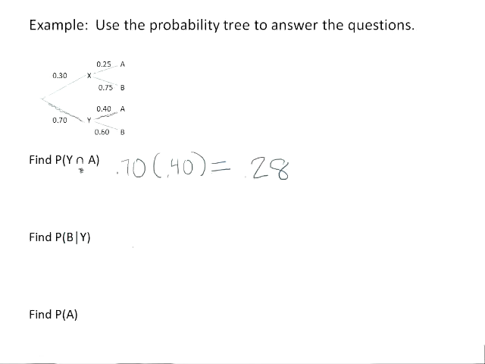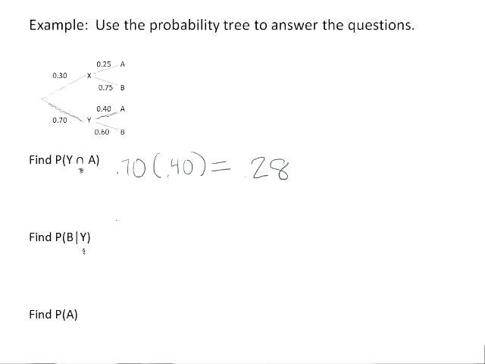Now we're going to find the probability of event B, given that event Y has already occurred. This is a conditional probability, so we know that event Y has already occurred. So the probability of it occurring does not influence the probability of B, because we know that outcome Y has already occurred.